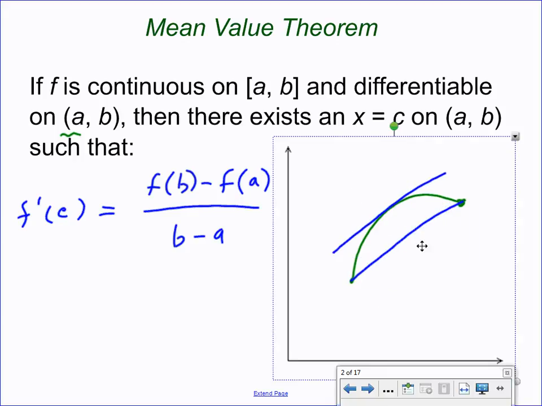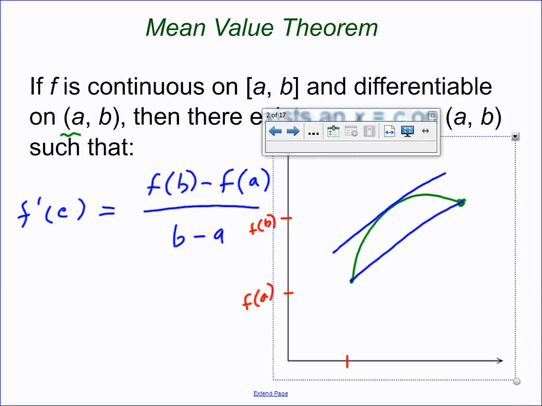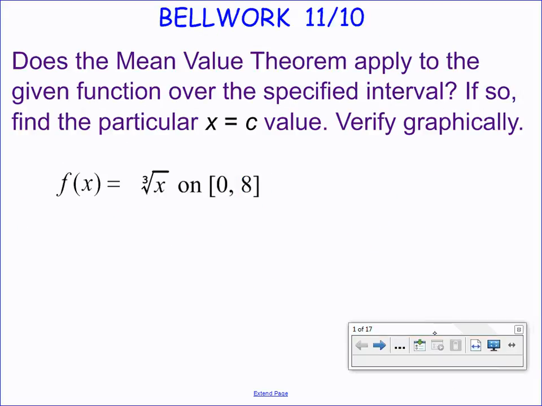So here we've got my f at a, my f at b, my a, my b, and the graphical representation thereof. So here's my slope of the secant line, right, that we could calculate. Here's my slope of the tangent line. And we're going to see where that happens for this particular function on my interval 0 to 8.